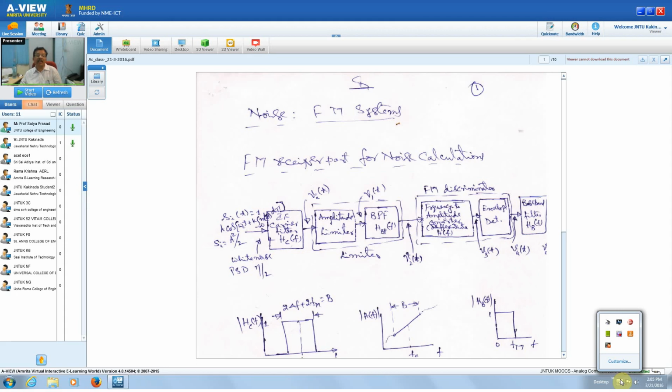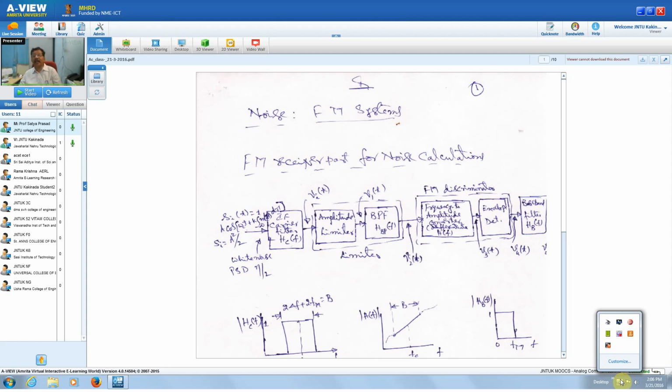Since the magnitude of the signal we receive is A, the input power S_i is A squared by 2, and the white noise has power spectral density eta by 2. So the signal power is A squared by 2, and the power spectral density of the input noise is eta by 2.